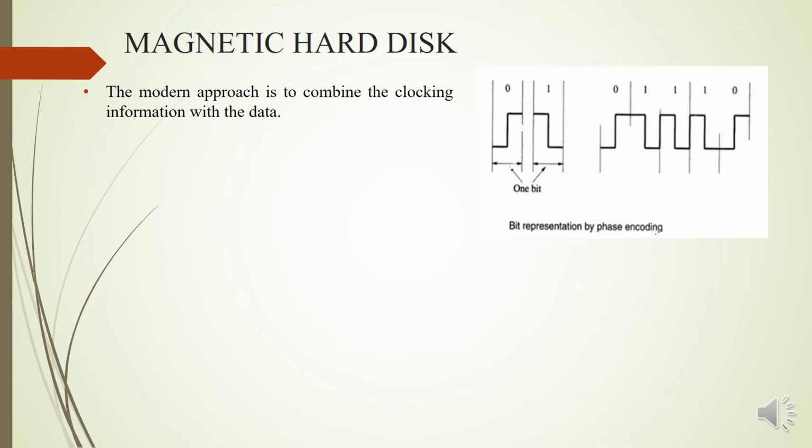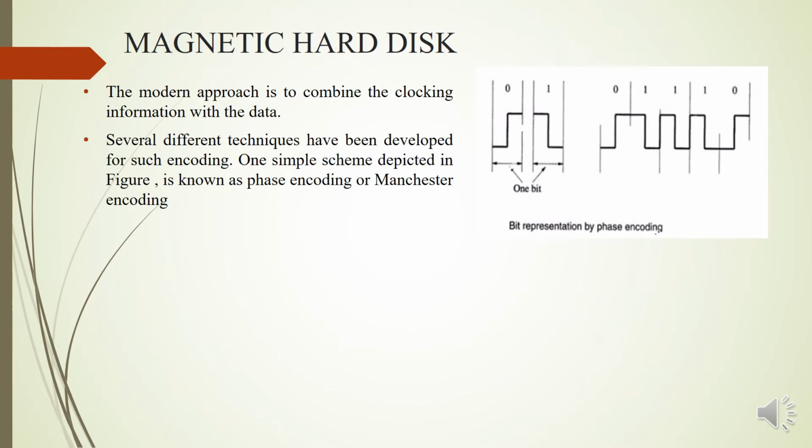Several different techniques have been developed for encoding the data, and one of the simple schemes, which has been depicted in the figure, is the phase encoding method or Manchester encoding method. From the diagram, it is clear that the binary bits are represented with a phase encoding technique.